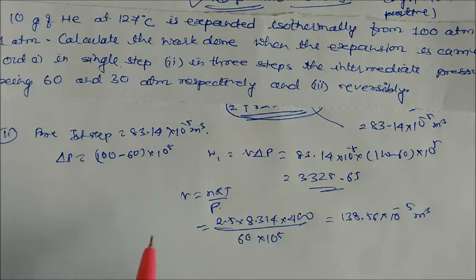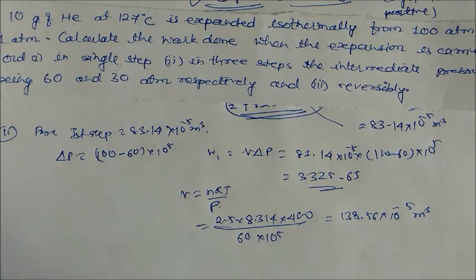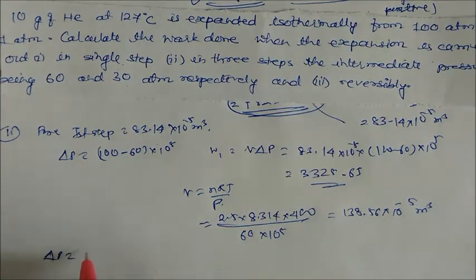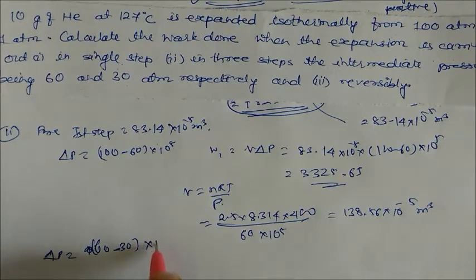So we are going for the change in pressure, again 60 to 30, for the third step. So this is the work done. The change in pressure will now be 60 to 30, not 100, into 10 to the power 5.